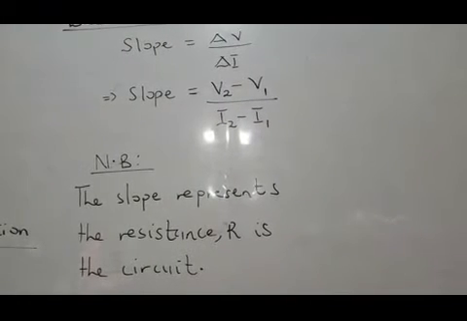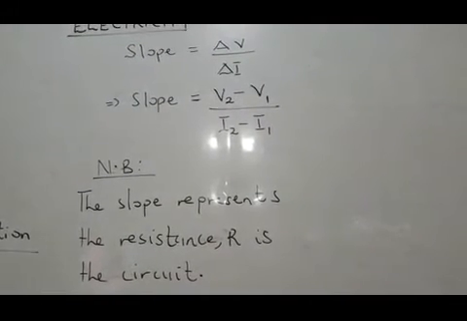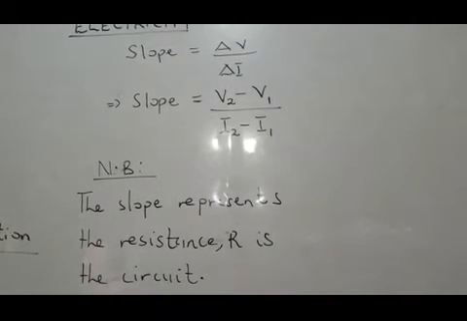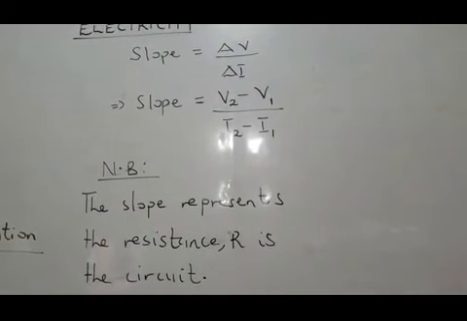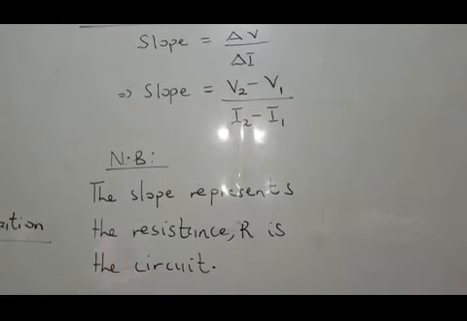Alright, so that is the graphical representation of voltage against current, and the interpretation of the slope from the graph.